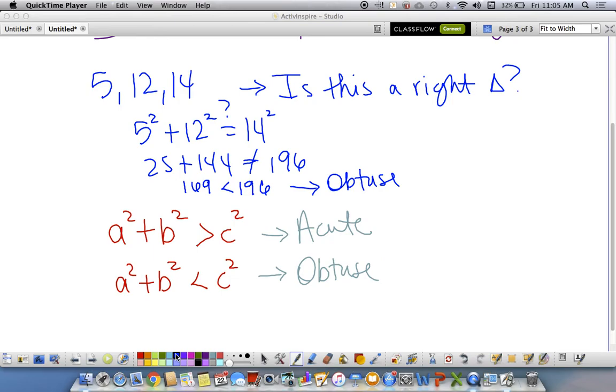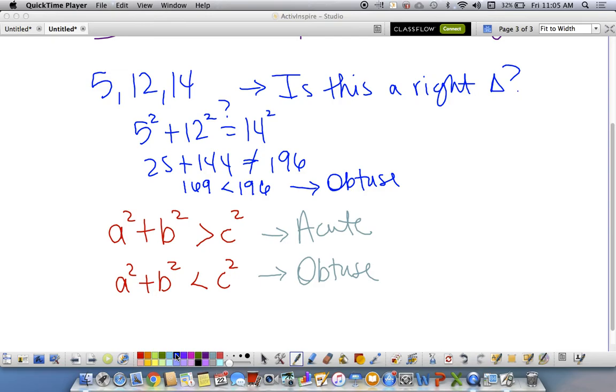When you have those two longer legs, the 12 and the 14, a lot longer than the 5, that means it's going to push it more. That makes it more obtuse. But if I just see numbers, I have to look back at this theorem and say, oh yeah, if it's less than, it's going to be obtuse. If it's greater than, it's going to be acute. It means the numbers are all closer to the same. Okay, does that make a little bit of sense?